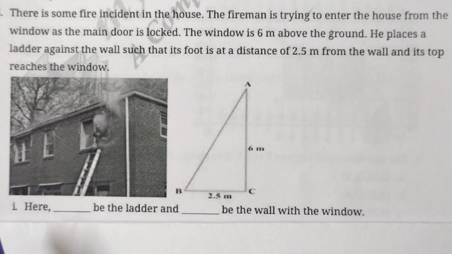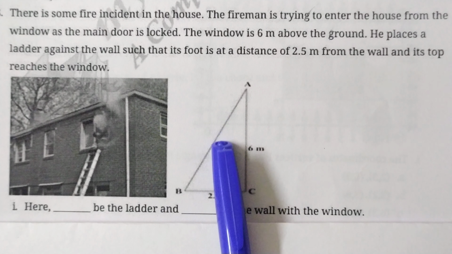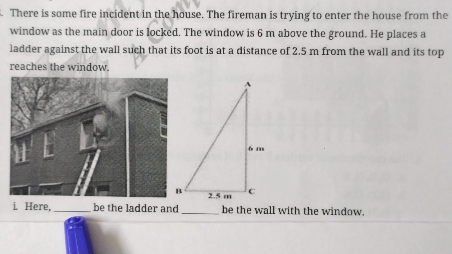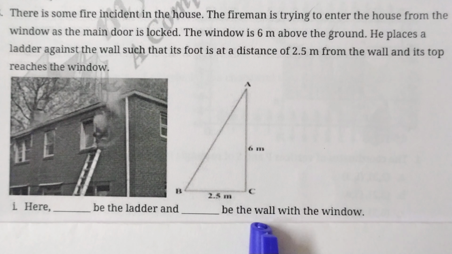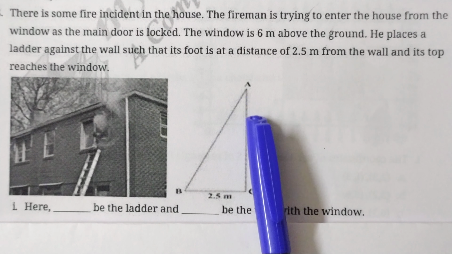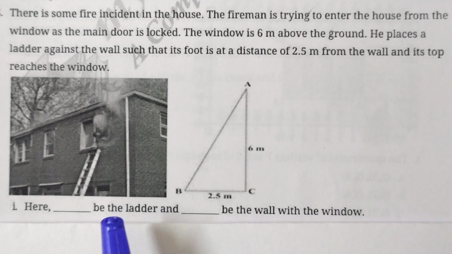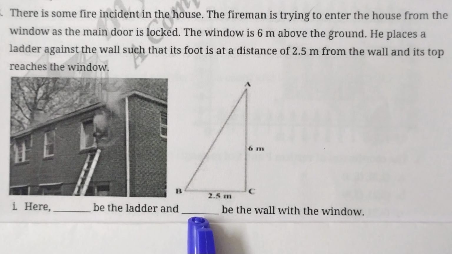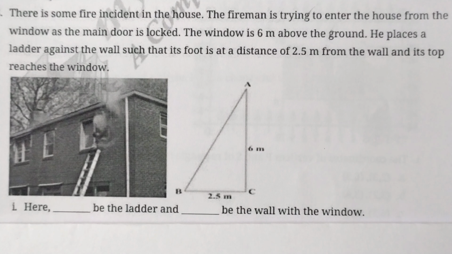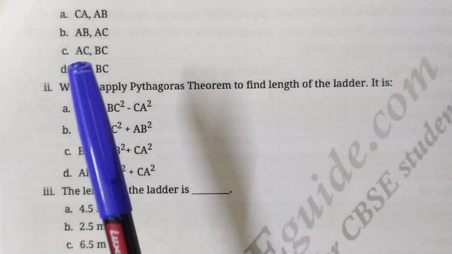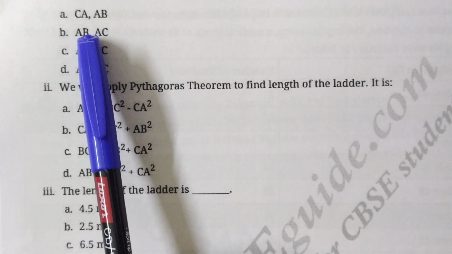So let's see what is asked in the question. Here dash be the ladder and dash be the wall with the window. So AB is the ladder, and AC is the wall with the window. So if you see the options, B option is correct here.